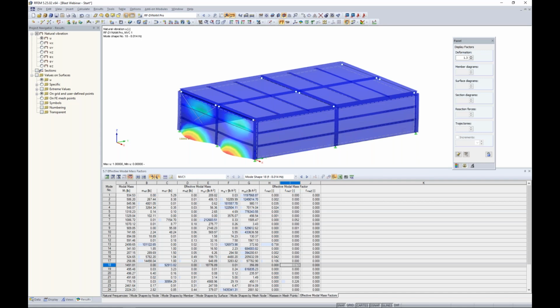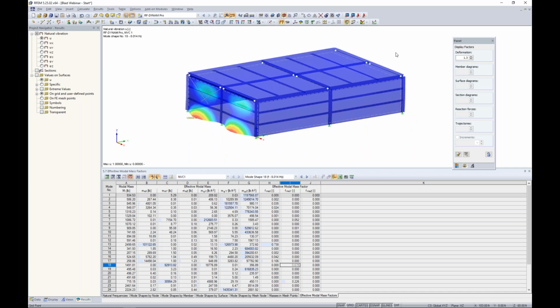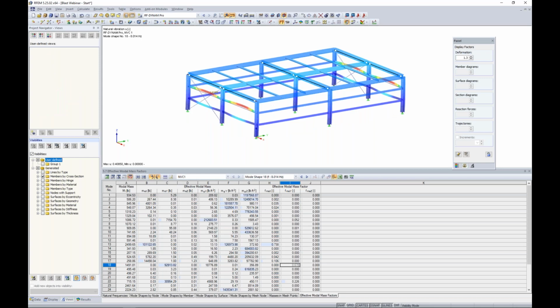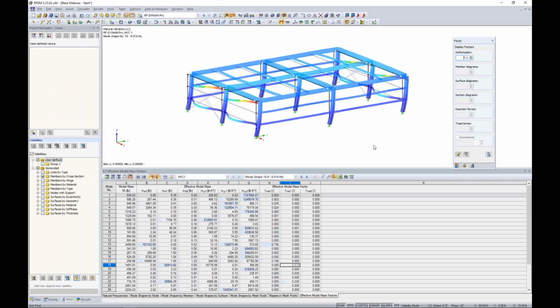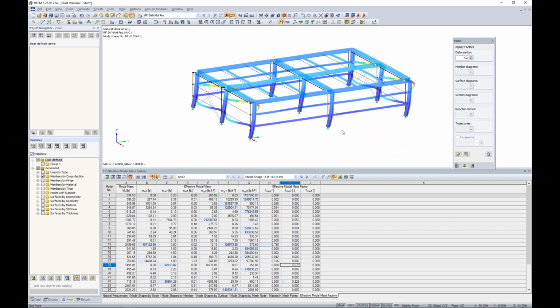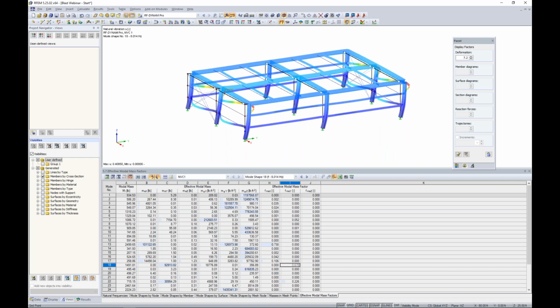So this is 68% in the Y direction. And what might also be helpful too is under our views tab, we can deactivate our surfaces here. Maybe we increase our deformation. So we can see we're really getting a response of the structure as a whole. Now, of course, there are maybe what we call more local modes with these girts, but overall, this is certainly our dominant mode in the Y direction.